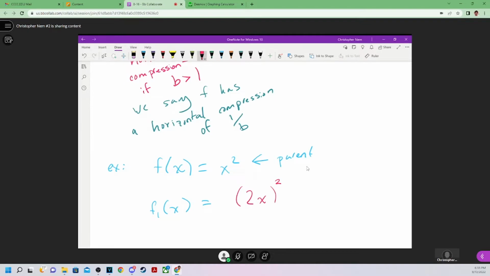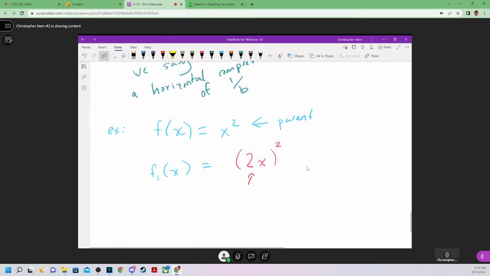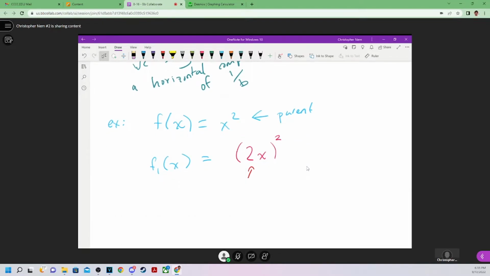Well, this right here is inside, this is also being squared. And because it's being squared, it is inside my function. My function is squaring. So, because it's inside my function, this is going to be a horizontal.